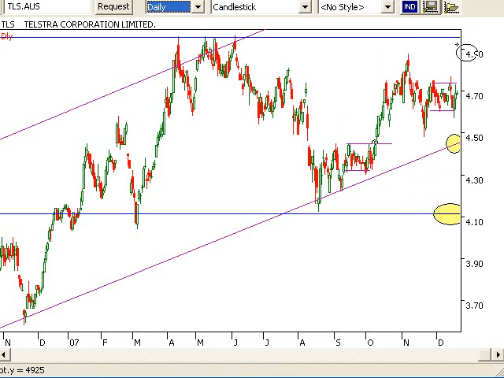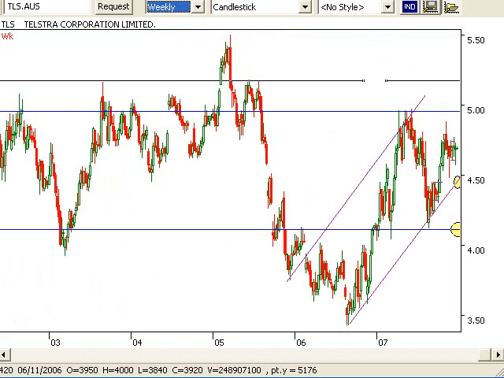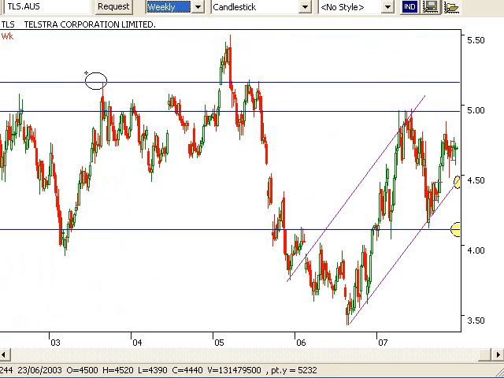Now, if it does continue to break up above the $5 mark, we could see a projection to the upside, which would probably be about here. How I got that is we have a resistance through here, a bit of sideways movement, and resistance through there. We notice this is our last resistance.